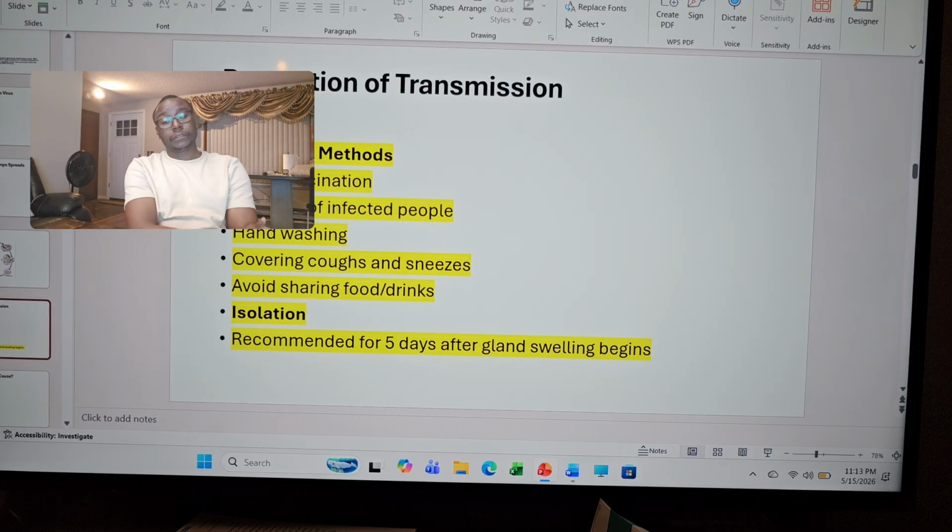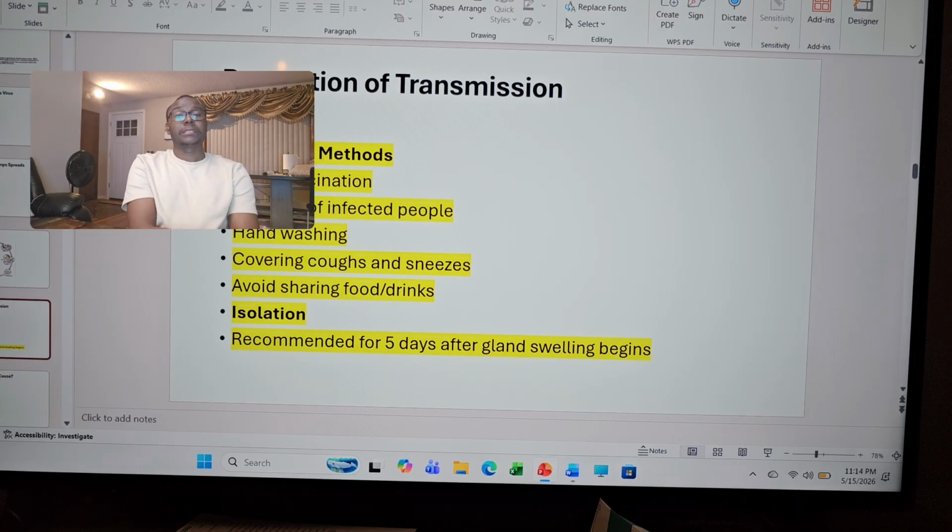Prevention of transmission. MMR vaccination, and in this case MMR stands for measles, mumps, and rubella. Isolation of infected people, hand washing. Make a habit of washing your hands every now and then, and covering your cough whenever you're sneezing.